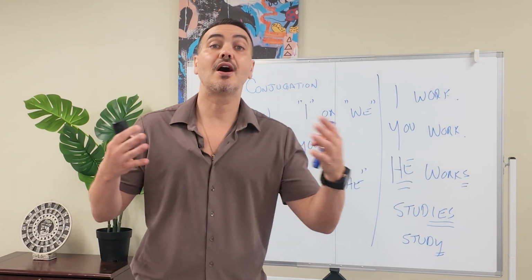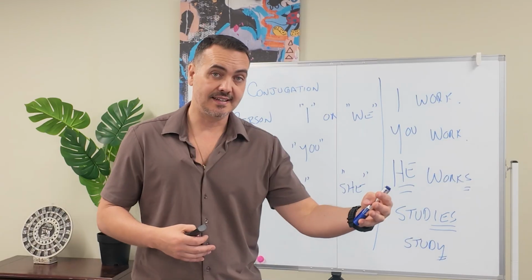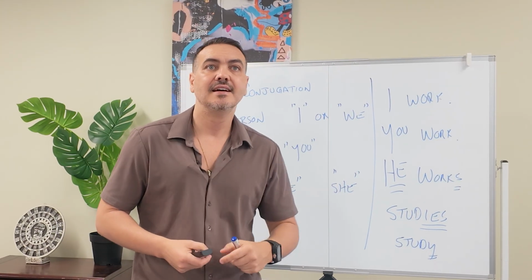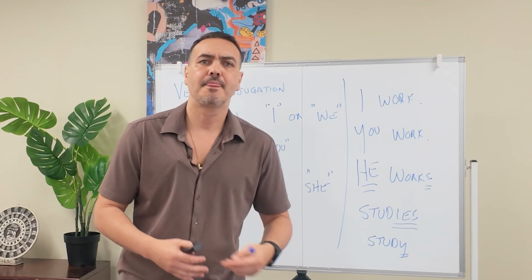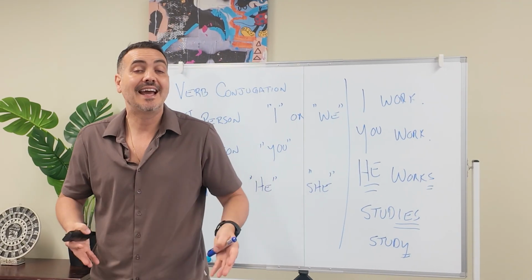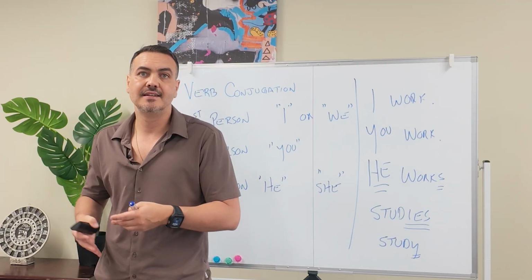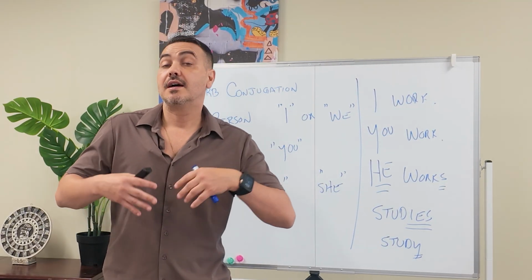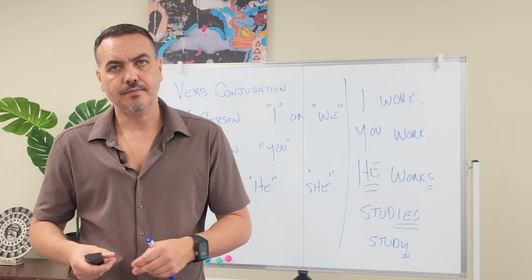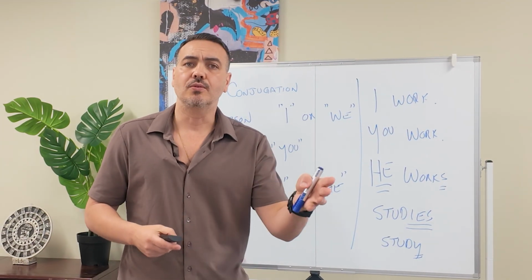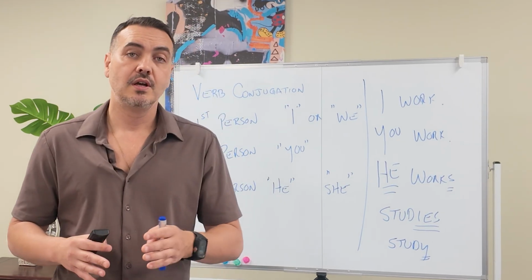I try. He tries. IES at the end. I carry something. She carries. IES at the end. So let's talk about some more examples with the word to go. Okay, I go. You go.